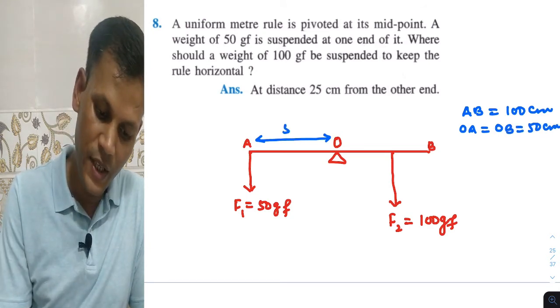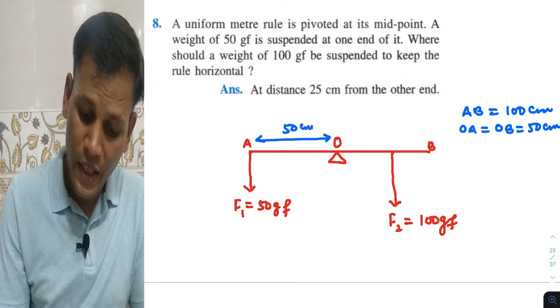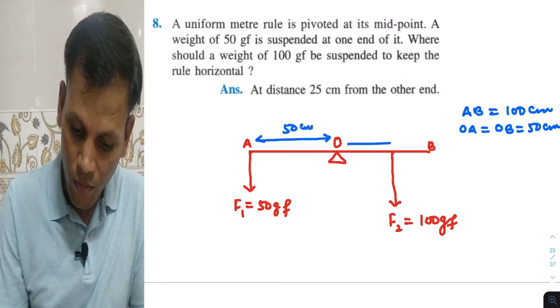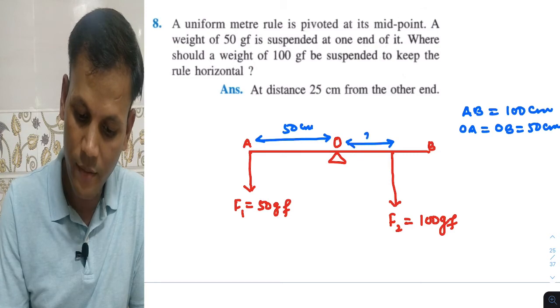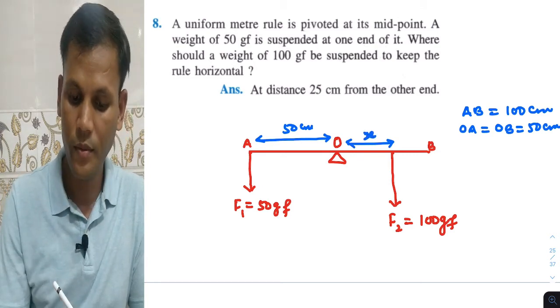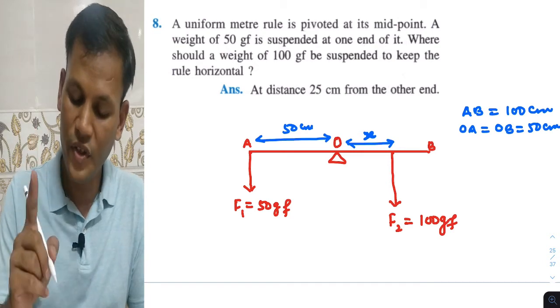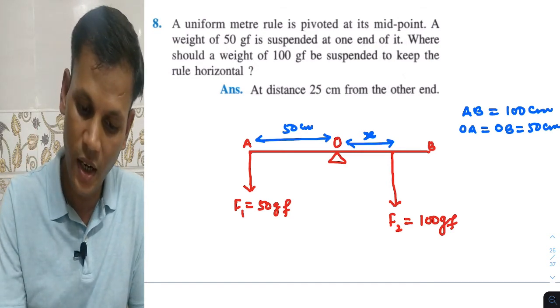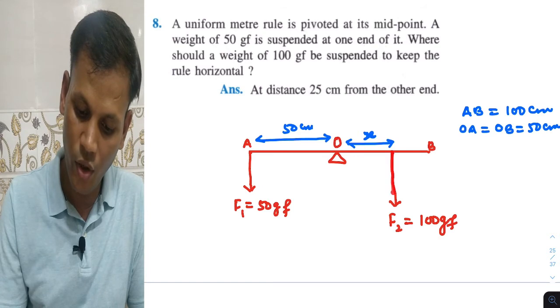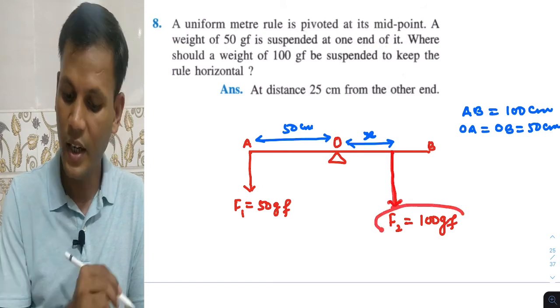So this is 50 centimeter. And this distance we don't know. This distance is, suppose, x from center O, at which we are going to attach the load of 100 gram force.